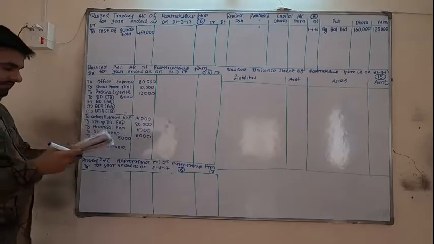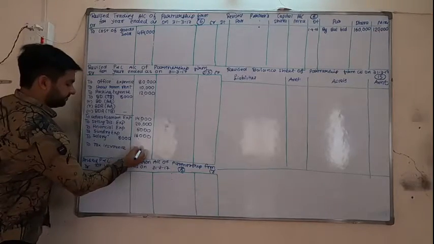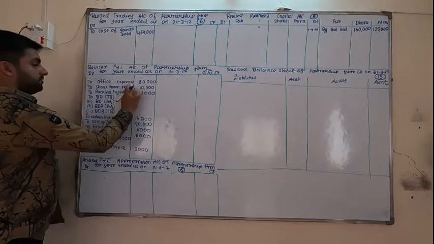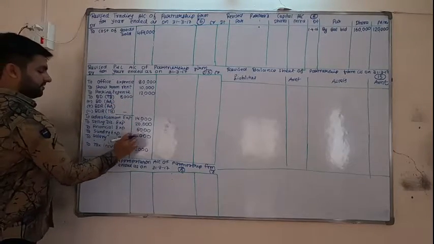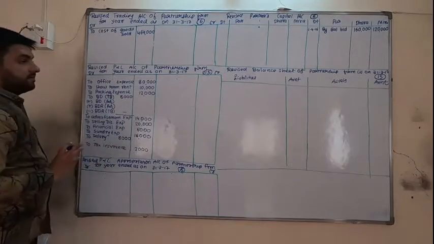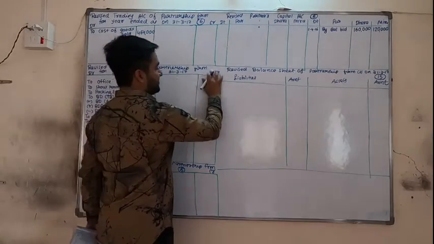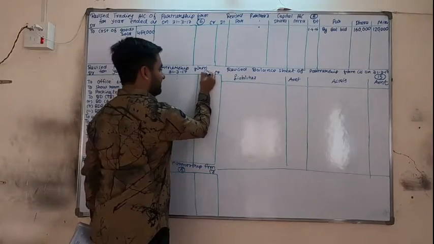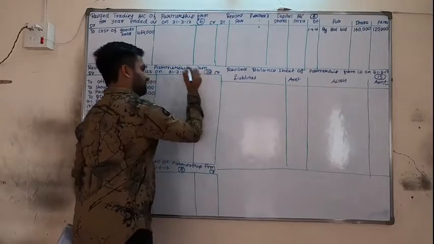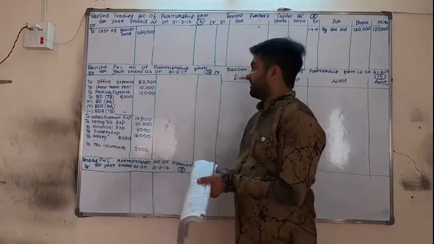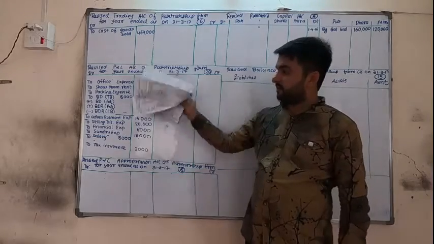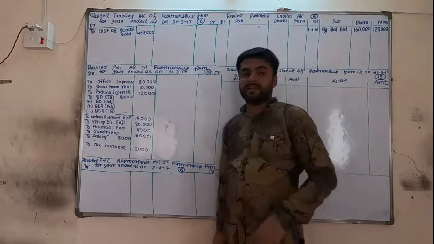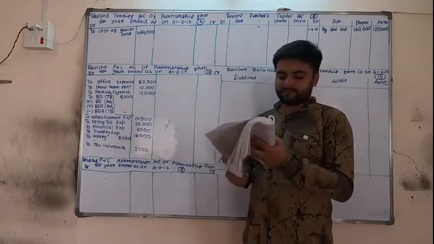Directly outside 2,000. 1, 2, 3, 4, 5, 6, 7, 8, 9, 10, 11, 12. Okay, I think these 15 lines are also not proper. Better to keep 20 lines. At the start of the lecture, I thought 12 lines would be okay, but all the things are here only, so draw it for 20 lines. Otherwise space is not required.